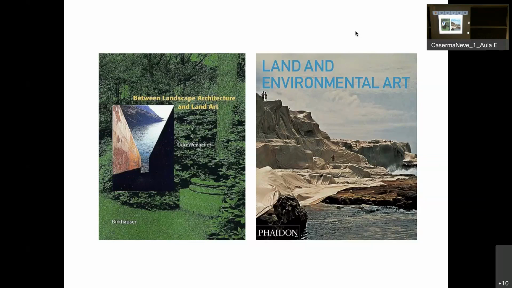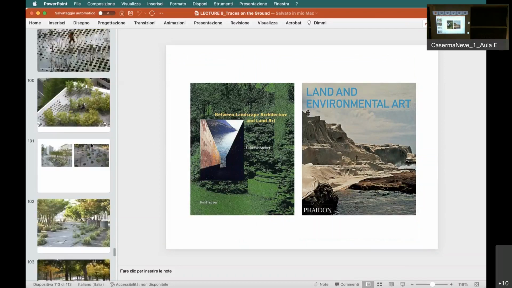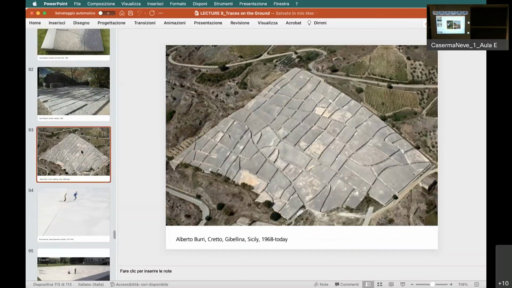For me, these interventions are closer to art rather than architecture. I find it really hard to design, because as we saw in the different ones, especially the huge cement poured down in Gibellina, the Cretto, it's open to debate whether these interventions are correct or not, or if we like it or we don't like it.